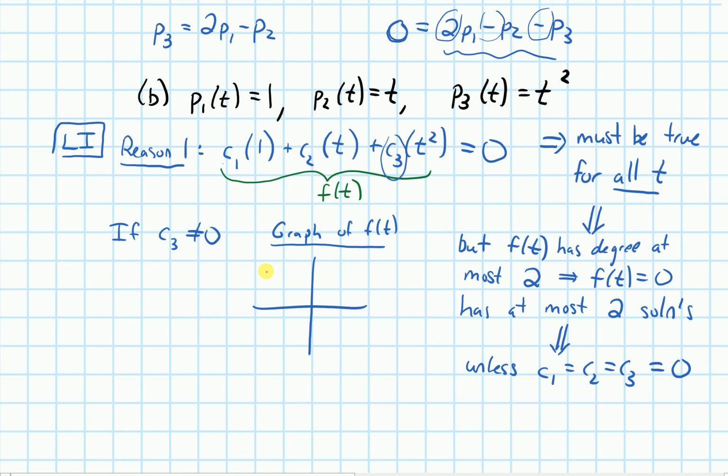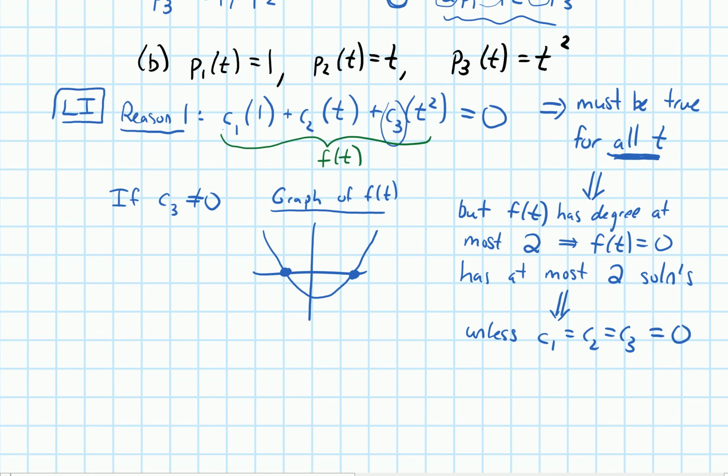And the graph of a quadratic can cross the x-axis at most twice. But I need this to be true for all t. I need my function to be equal to 0 for all t. So I need my function to just always be on the x-axis. I need it to be the 0 polynomial in essence.